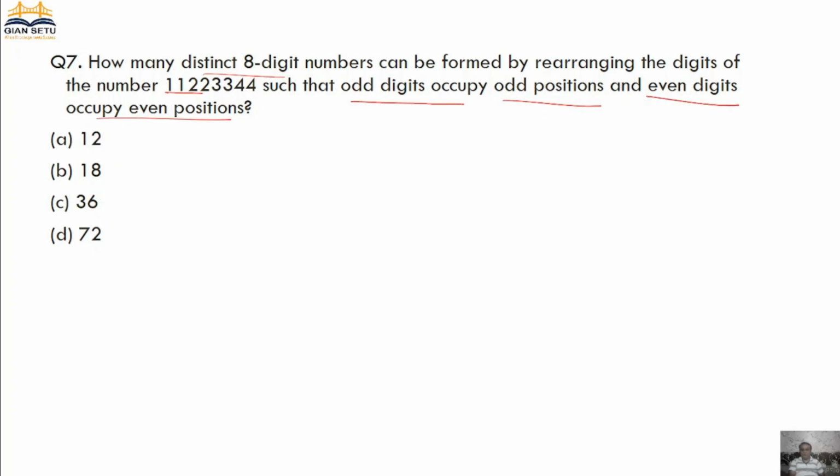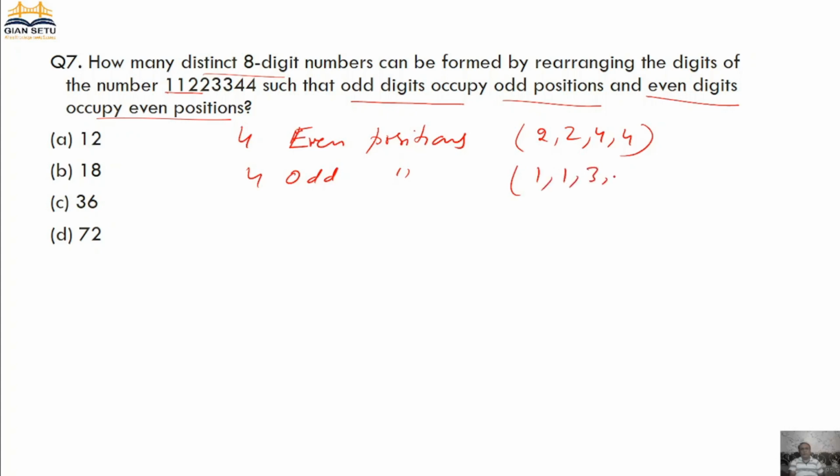Now in this 8-digit number there are 4 even positions and 4 odd positions. Okay, and the even numbers are 2, 2, 4, 4, right, and odd numbers are 1, 1, 3, 3, right.